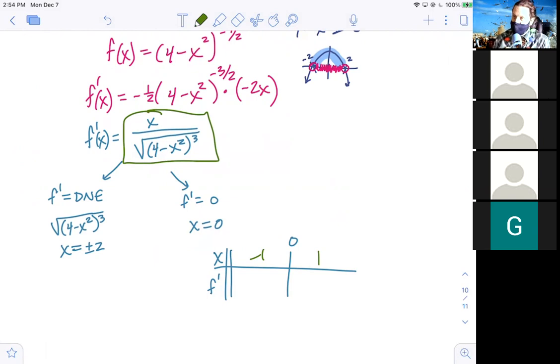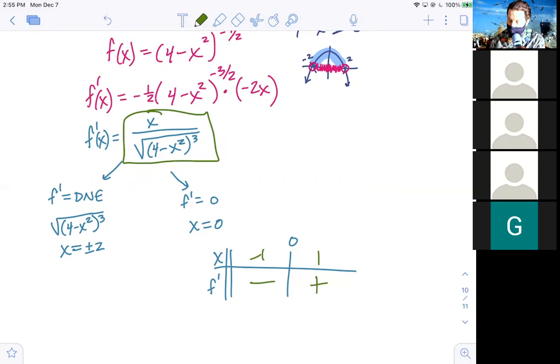What do you know about the sign of the denominator at -1? 4 minus 1 is 3. It's positive, right? So the top is going to be negative. Negative over positive is negative. And when you plug in a positive 1, you get positive over positive, which is positive.